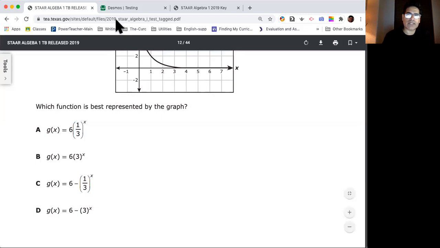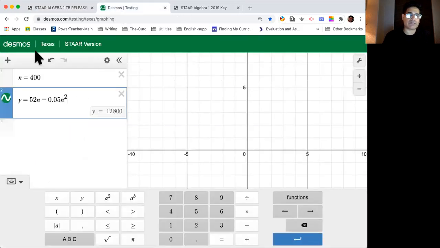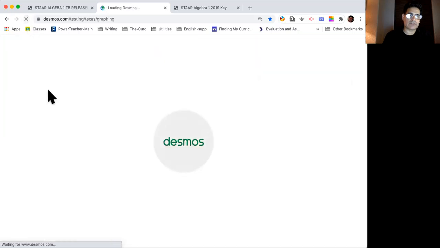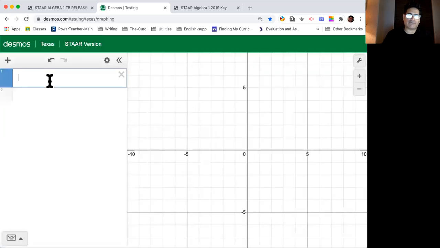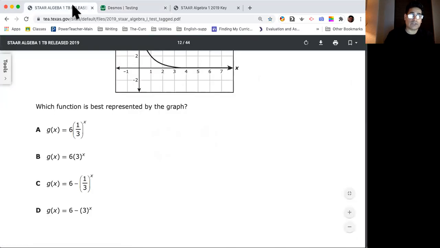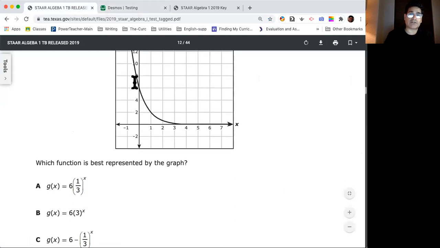So I go to my Desmos calculator, and I type, let me clear this out here, g of y equals 6 in the first one. I'm going to try each of these to see which one matches this graph here.